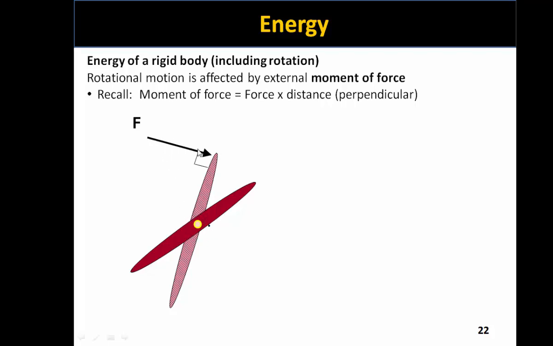We have a force applied to the distal part of this object. Now this force, for convenience purposes, happens to be applied at a right angle, and that applied force is going to induce a rotation from this first position to the second position, and in doing so, the object will experience a change in angle, or just a change in theta.